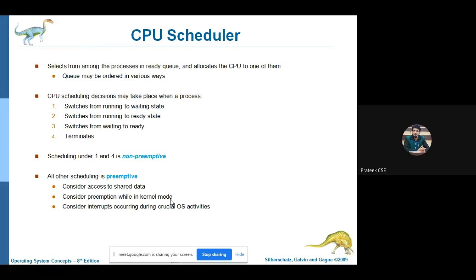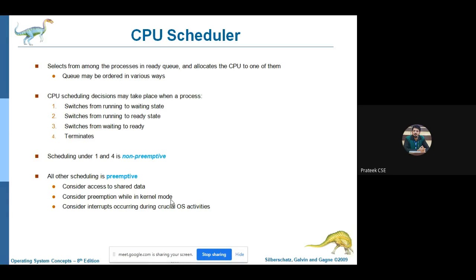As I discussed, in case number 1 and case number 4, where the process itself terminates or itself goes for the input output operation, that is non-preemptive scheduling, where we are not forcing the process to vacate the CPU. But case number 2 and case number 3 are preemptive scheduling, where we forcefully vacate the process from the CPU.